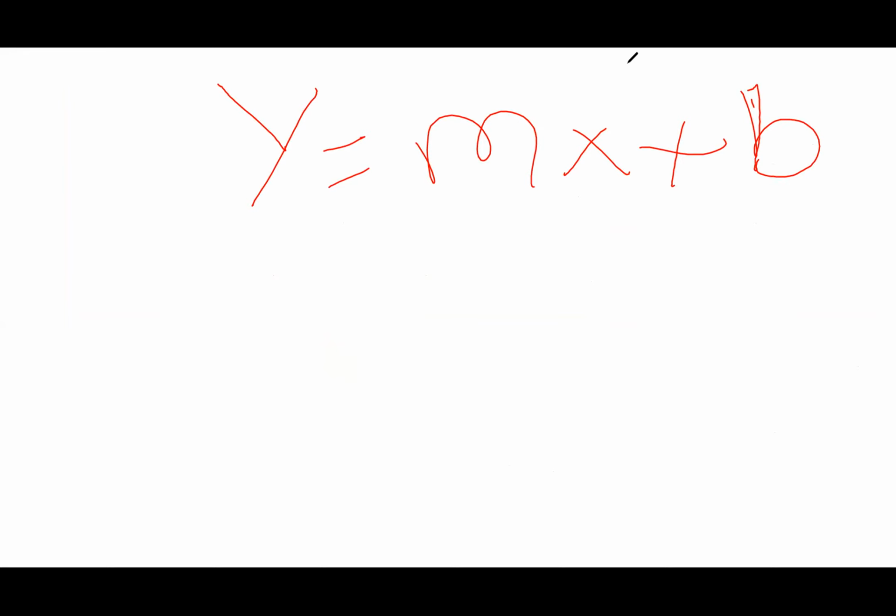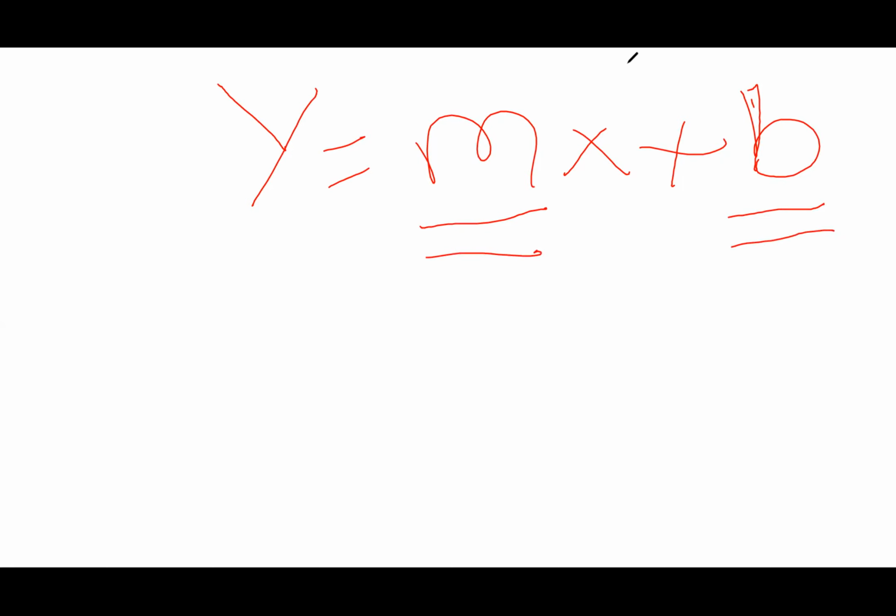This is standard coordinate geometry, right? Two points. Why do you need 2? Because for a line to happen, you need 2 points to compare. That is a visual representation. But the reason you need 2 is because you have 2 unknowns. You have m and b.